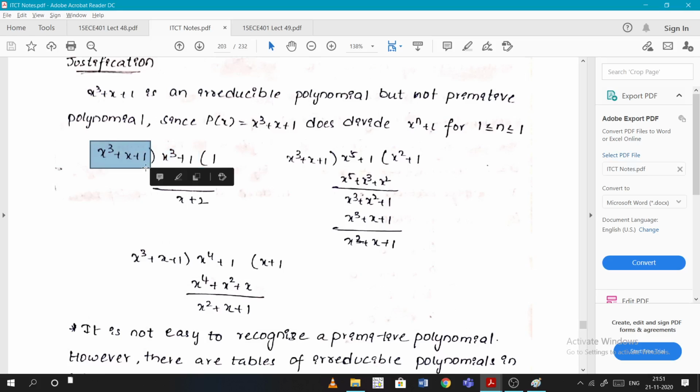If it is able to divide, then we'll say it is not primitive. If it is not divisible, then we'll say primitive. Okay, remember that.